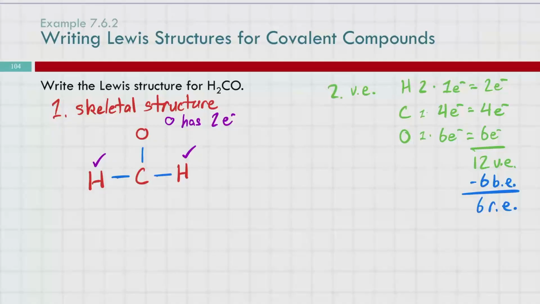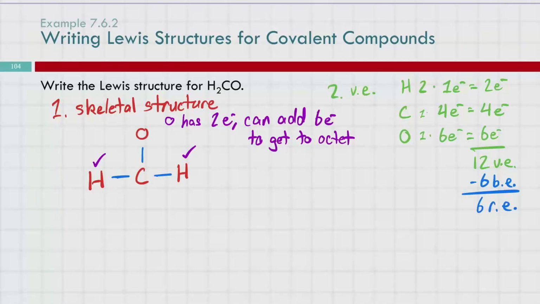So oxygen has 2 electrons before we do anything with our remaining electrons. How many electrons can we add to our oxygen? What would be the maximum amount? What's our goal? Our goal is an octet, which is 8 electrons. We've got 2, so we can add 6, because the octet is 8.